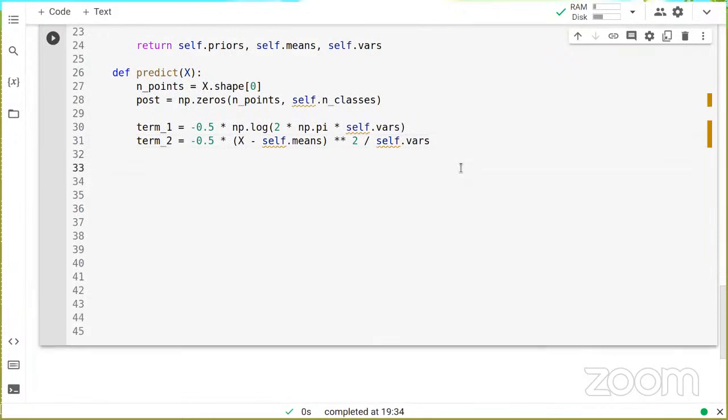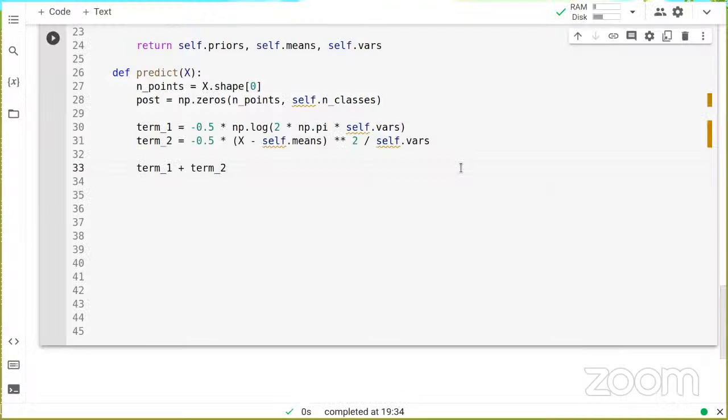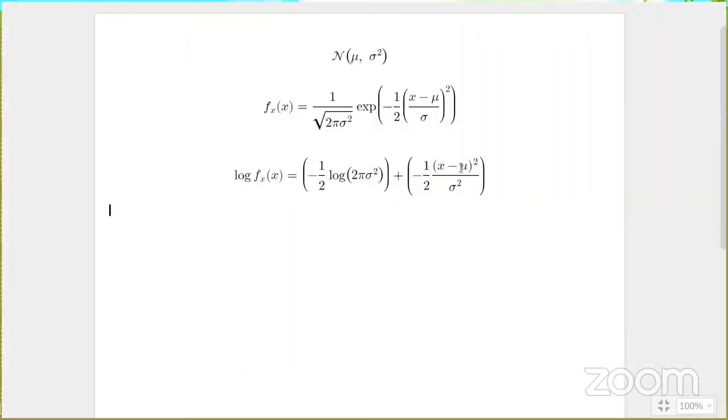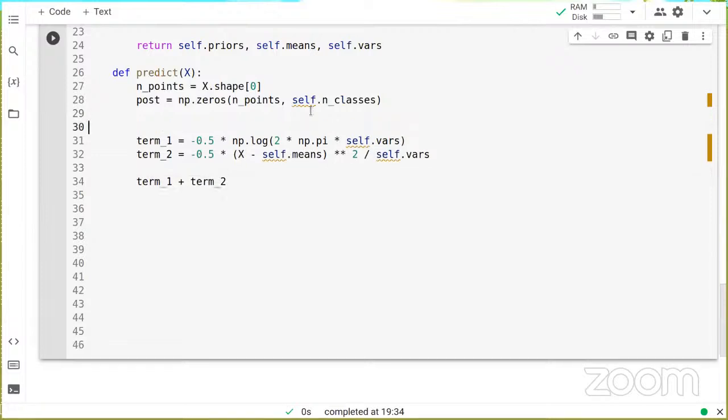Now what I'm claiming is, if I add term 1 and term 2, 0.5 and there is also 2 divided by. Oh, sorry. That's a power, it's fine, right? So the claim is, now let's look at the shapes of these things.